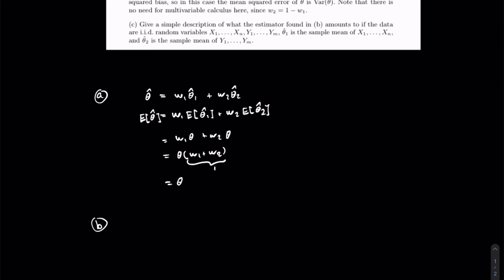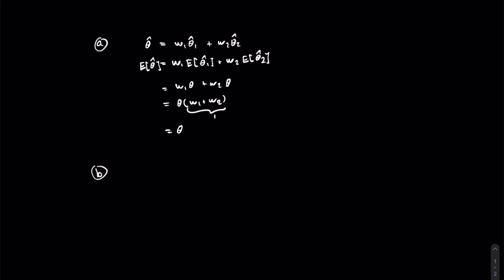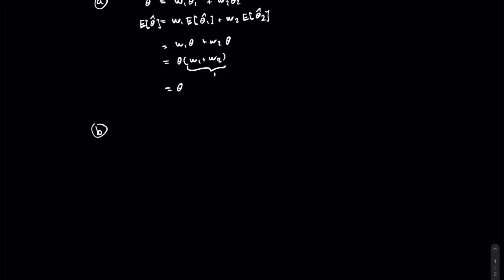All right, so let's figure out what these weights are, and then see how this relates to the Fisher weight that we were given earlier. So first of all, let's figure out what this hint is saying.